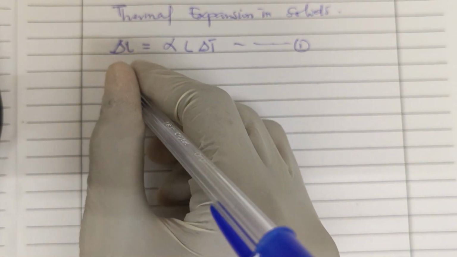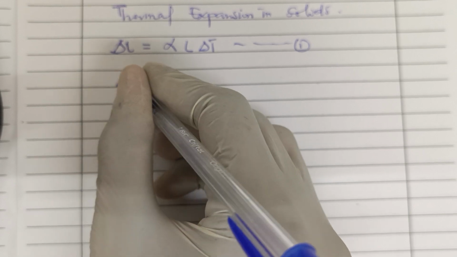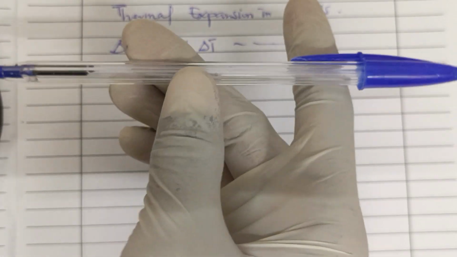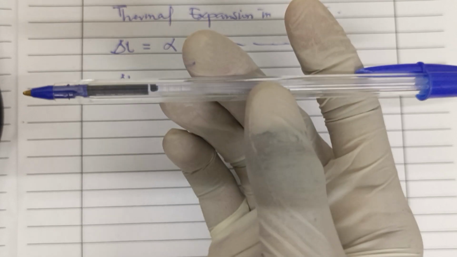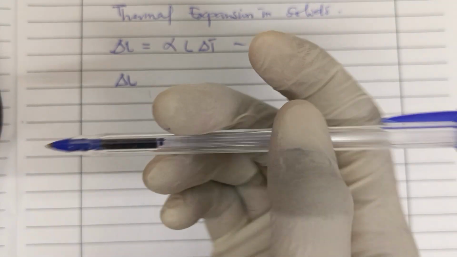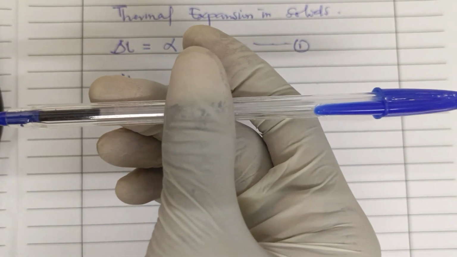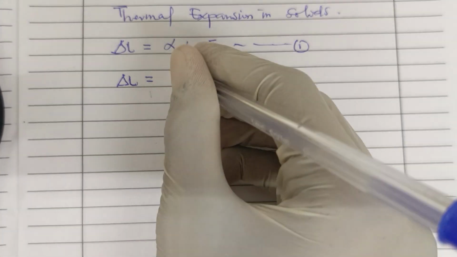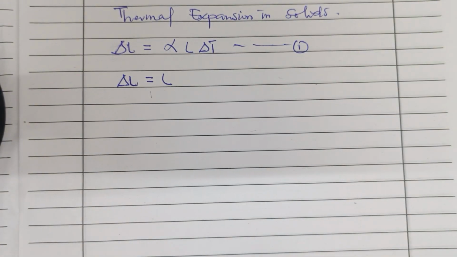Now we agree that to get the change in length of this metal bar, if we call this pen our metal bar, and we apply heat to it at a constant pressure, the change in length should give us the final length minus the initial length.